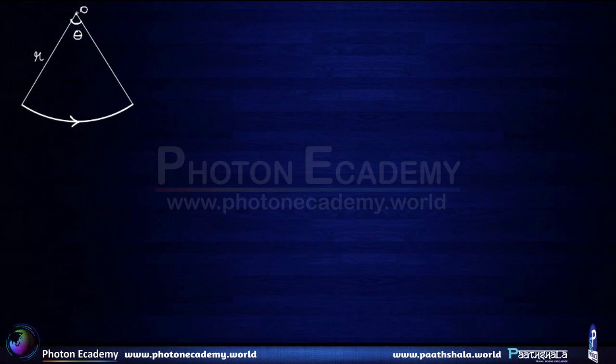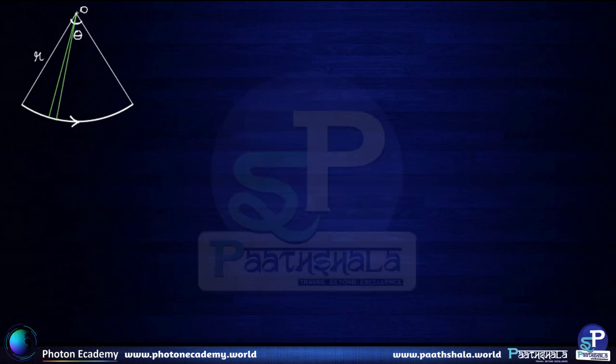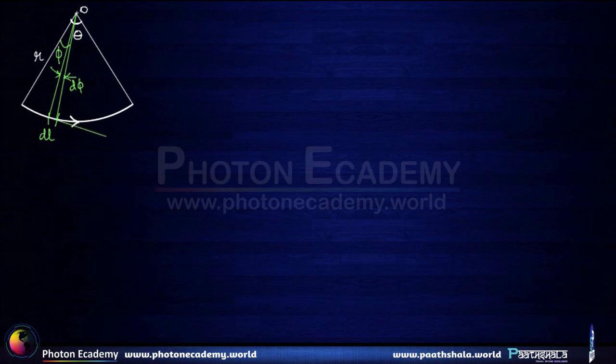Let us take an element dl at an angle phi. This element has the angle d phi. Current in this element will be in this direction, which is the tangent to the radius at this point.